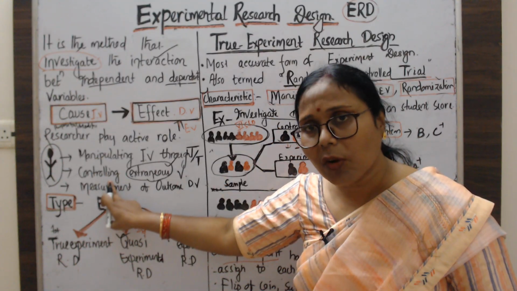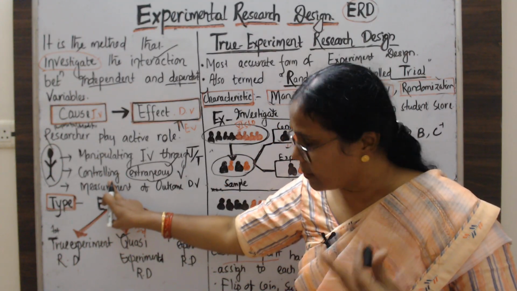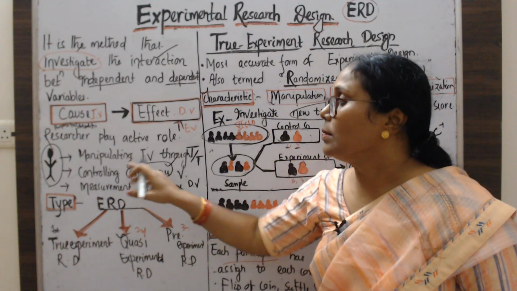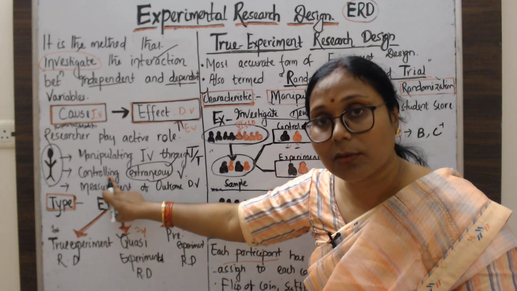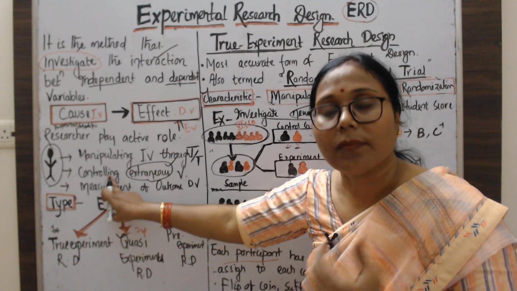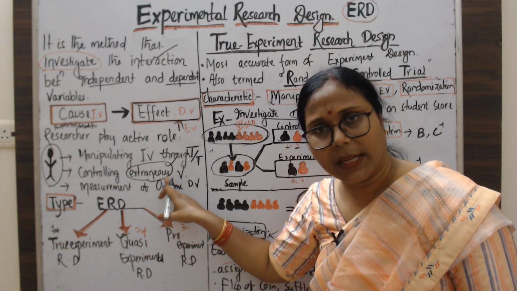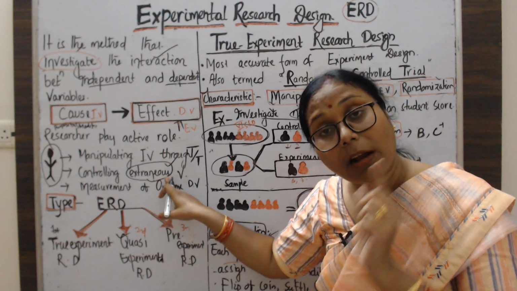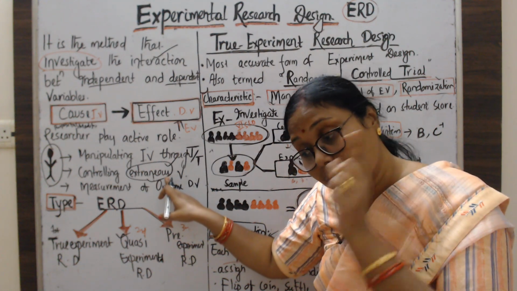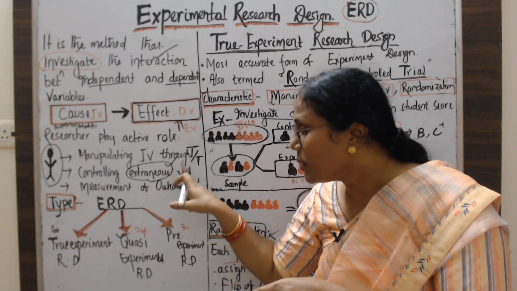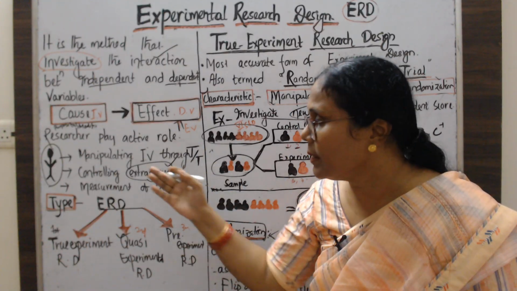Second, controlling the extraneous variable. That is one of the main tasks: the researcher has to control the extraneous variable. An extraneous variable is an outside factor, not the independent variable, but it affects the outcome of the dependent variable. So that is kept under control by the researcher.